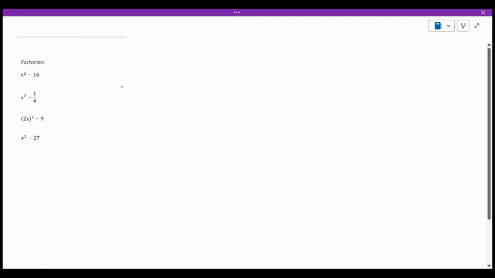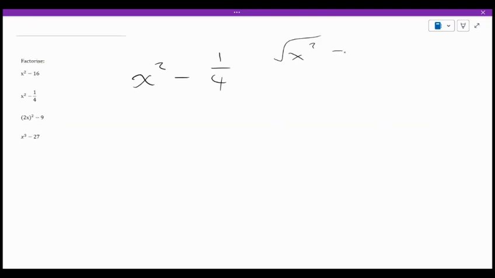Now this one contains a fraction. We have x squared minus a quarter. What do you get when you square root x squared? We get x. Now, this is 1 over 4. When you put a square root over it, it can also mean that you're square rooting these two things individually.